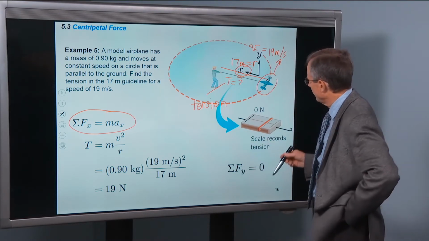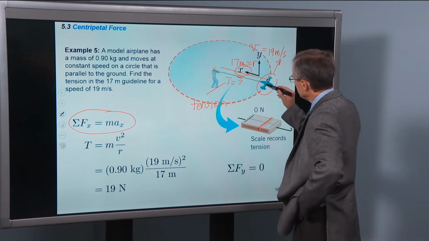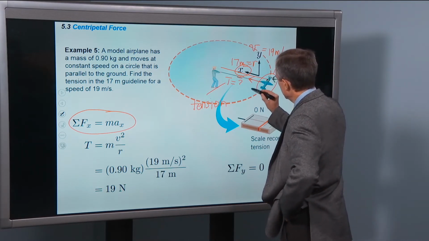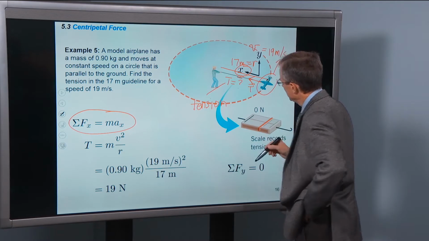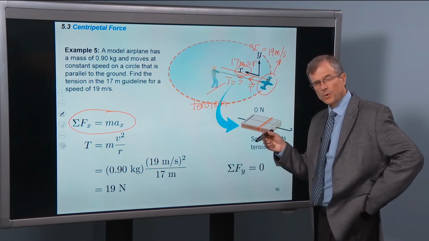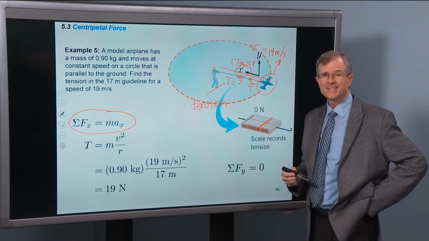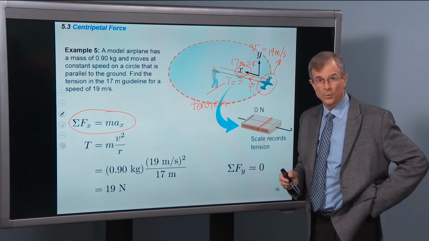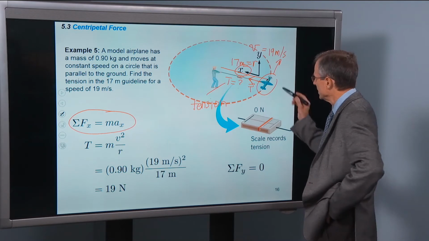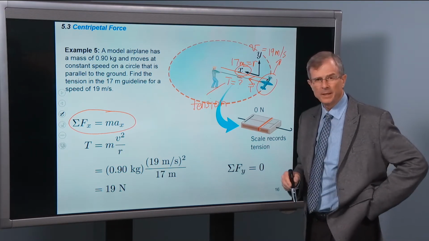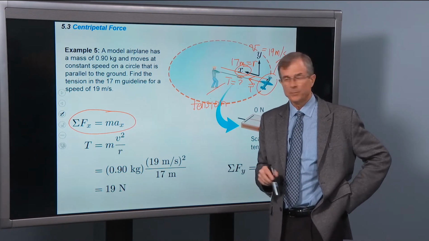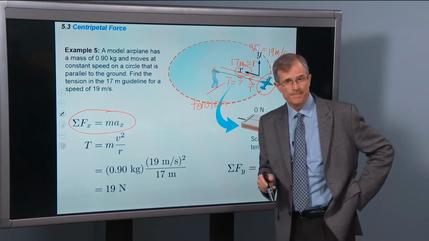So let's ask about the forces on this plane. Well, there's a tension force that's pulling it toward the center of the circle. And in fact, that tension force is the centripetal force. It's the force that's keeping this plane in circular motion around the man.